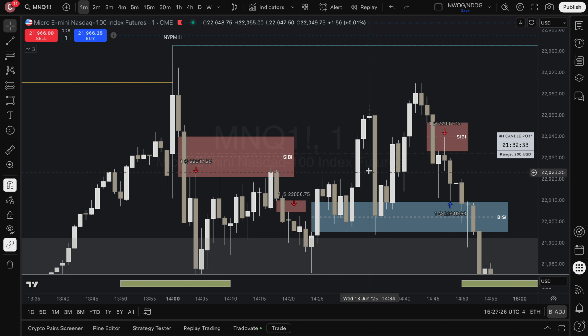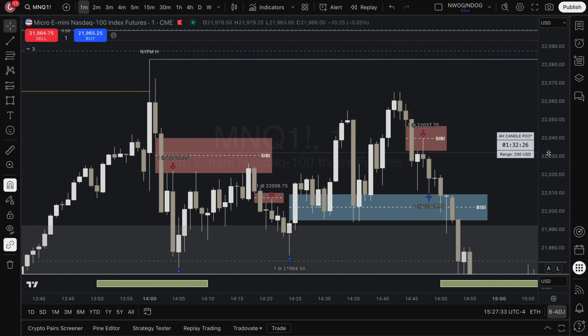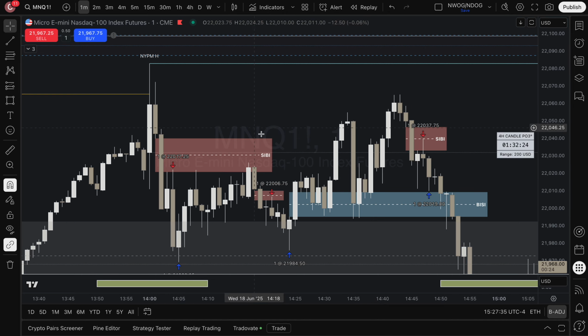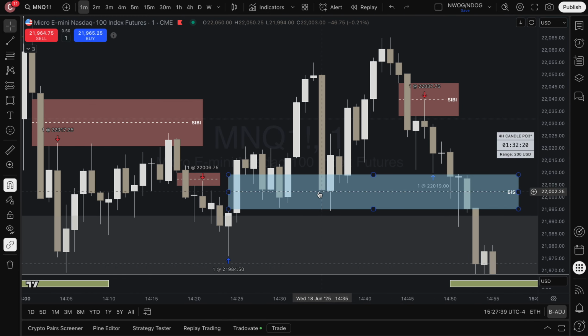And then I was just waiting. And then I saw this big down close candle. 46-point candle right here. That came down. Notice how the bodies are respecting the midpoint of this fair value gap. See how it wicks down? It can do that, right? But look at the bodies. They're closing above the midpoint.